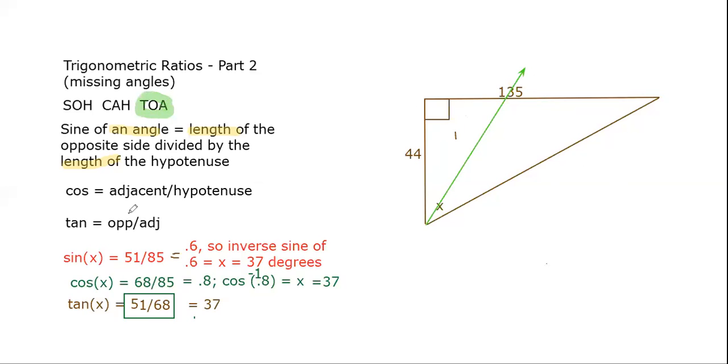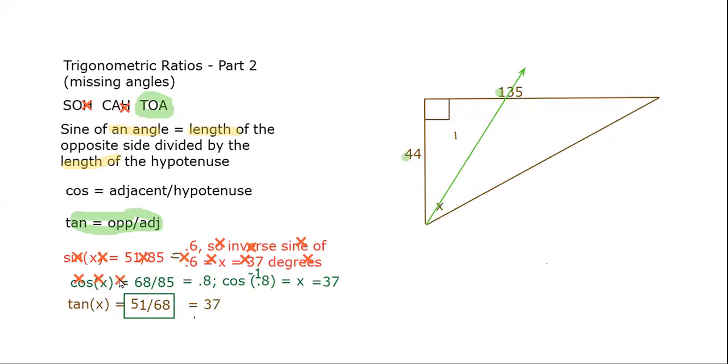Well, you're going to have to use the tangent function. The tangent of x is going to equal the ratio of the opposite side to the adjacent side. So 135 over 44. You will not be able to use the sine function because you do not know the hypotenuse. You don't have the h.